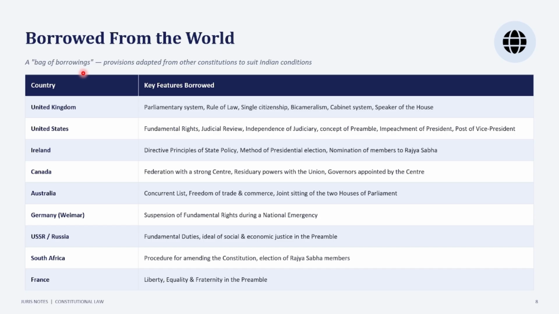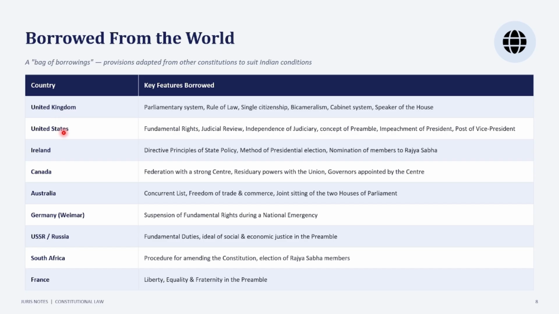Let's quickly look at some of them, like from the UK, United Kingdom. We have features such as the parliamentary system, rule of law, single citizenship, cabinet system, and bicameralism.